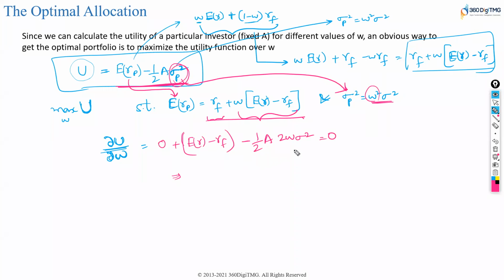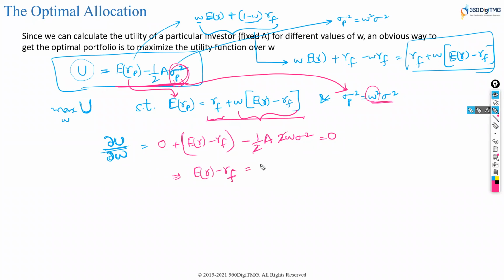This actually, if you take this on the other side, ER minus RF is equal to this one, half A, this 2 and this 2 get cancelled, right? So that is why I was telling that this 1 by 2 in the formula here is just for some math stability.